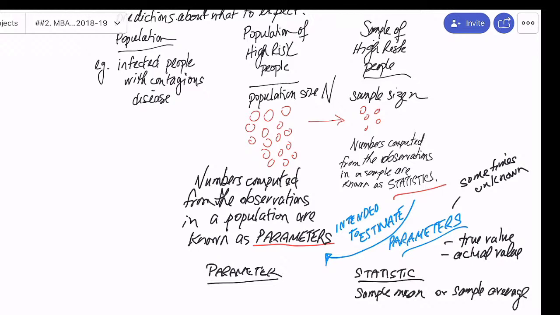And that estimates, it's meant to estimate the population mean or the population average. These are all the same thing. Population average or the true mean. These all have the same meaning.